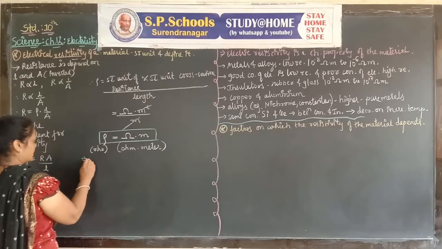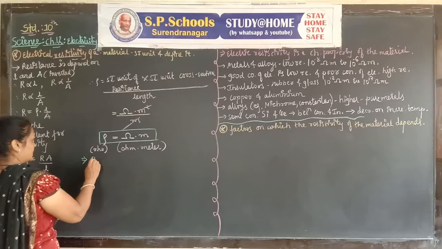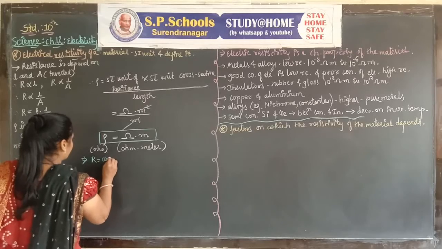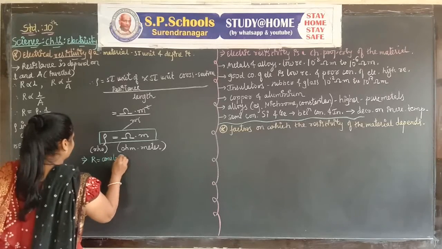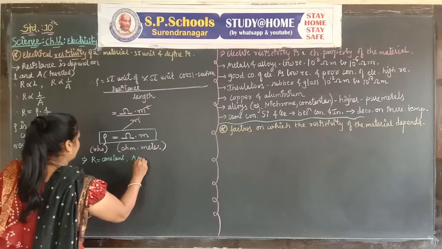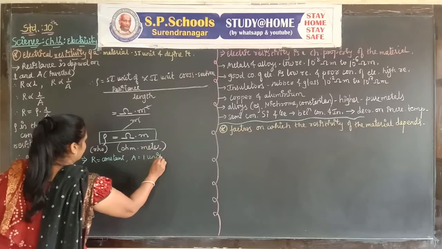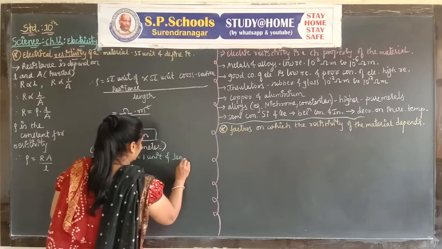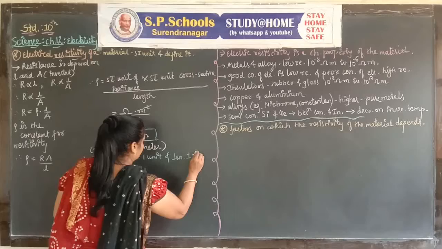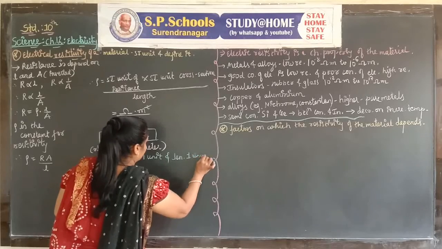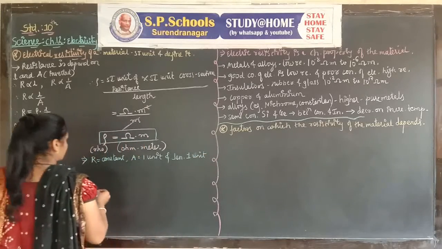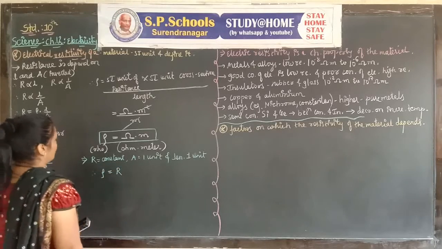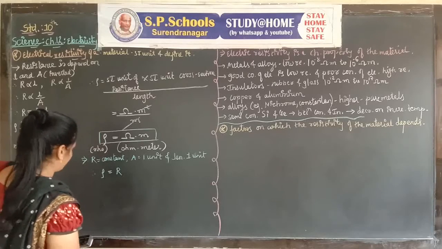The resistivity is always constant. If the area is 1 unit and the length is also 1 unit, then rho is directly equal to resistance.